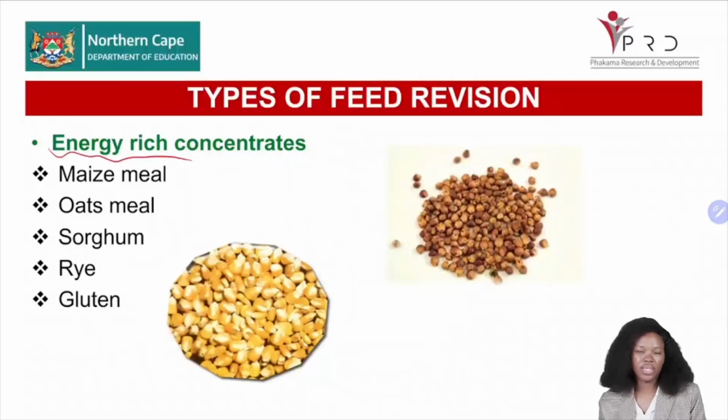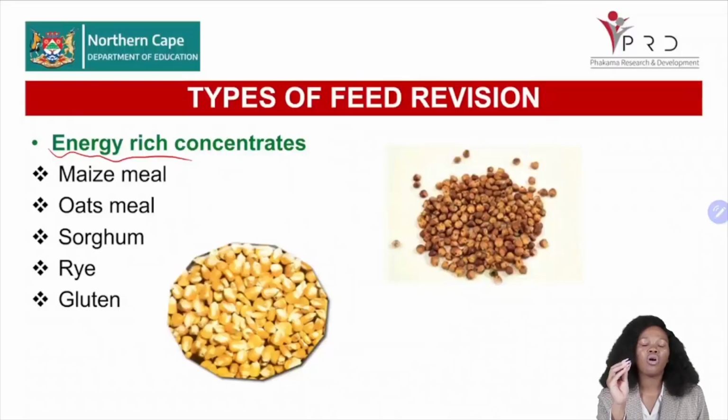Now, concentrates. Remember we said each and every feed contains nutrients. The main nutrients that we are looking at are the proteins, carbohydrates, and fats. Now, concentrates can either be energy rich or they can be protein rich.